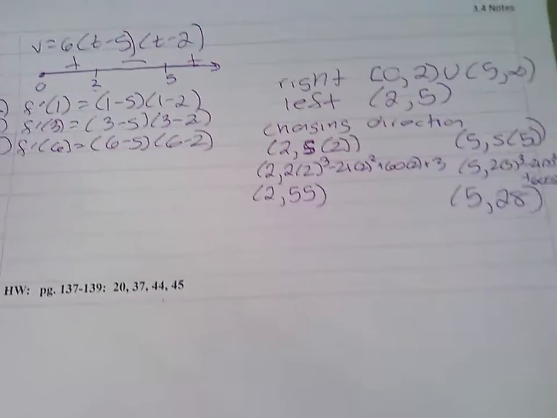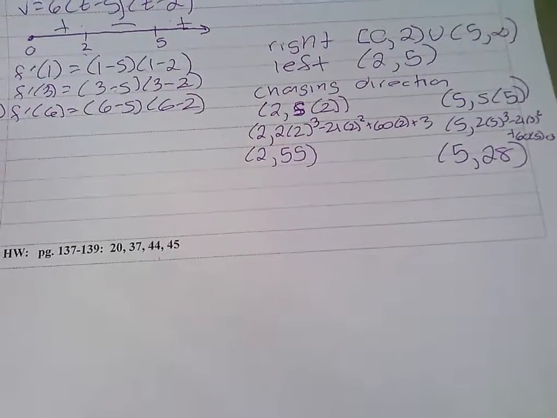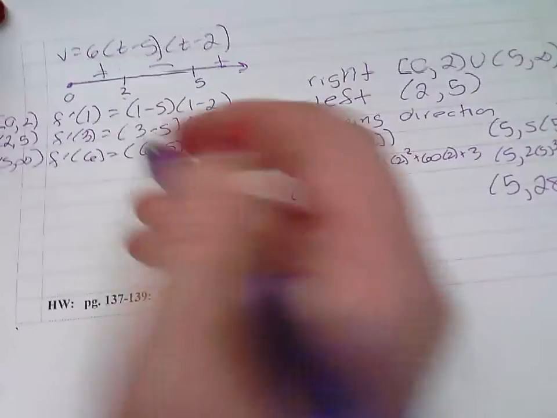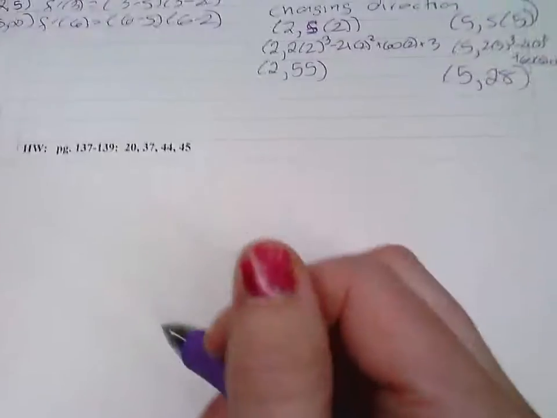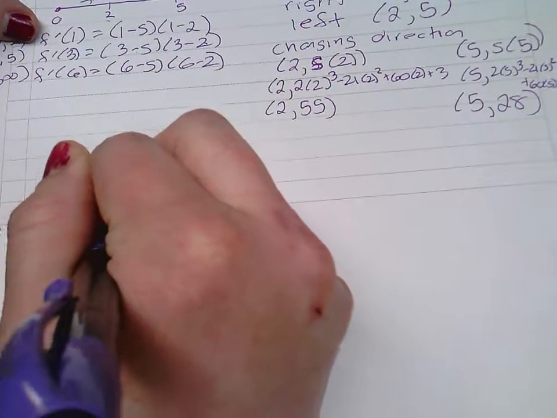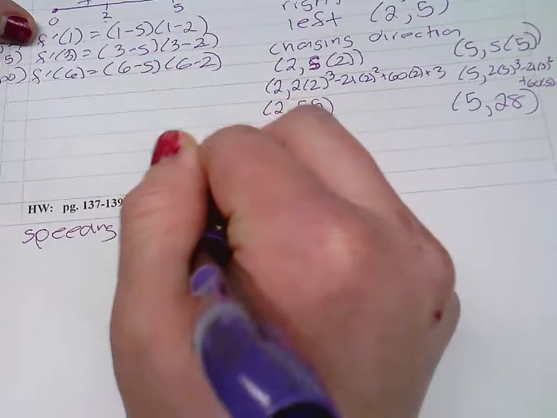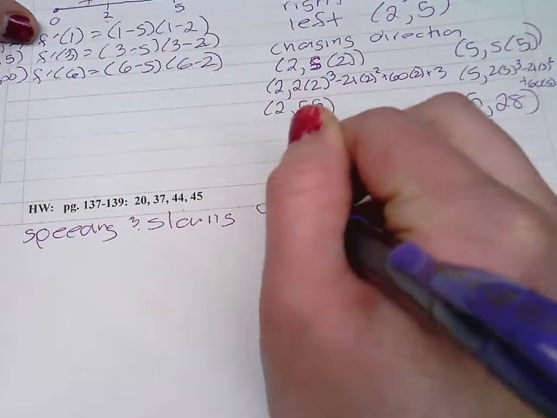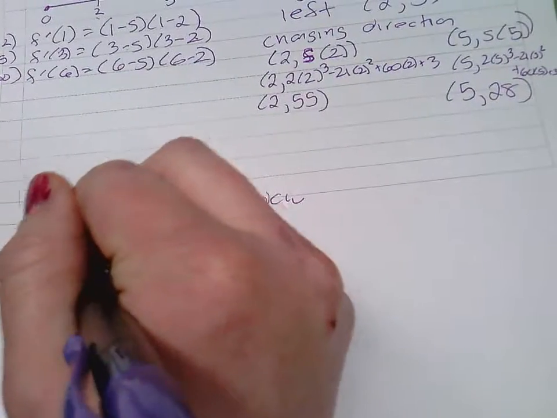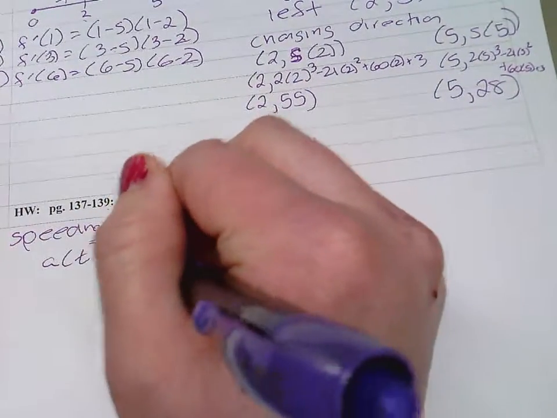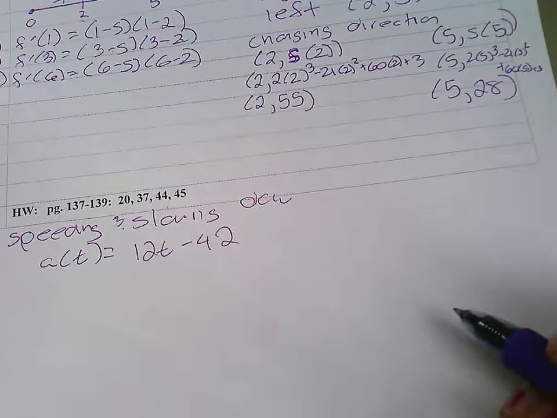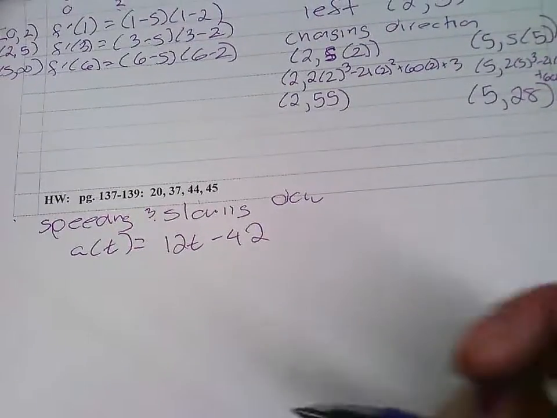Lastly, we're going to see when the particle is speeding up and slowing down. So then we look at acceleration. Okay, so acceleration was 12t minus 42. Okay, so we're going to be looking at our graph.